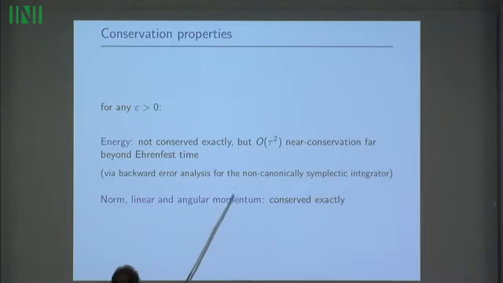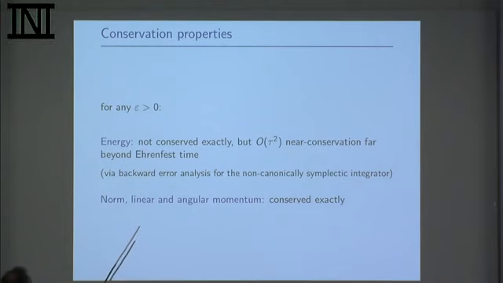But one must be somewhat careful here to guarantee uniformity in epsilon, which is not quite obvious because the Poisson system still has a 1 over epsilon in the structure matrix in one place. Also, it doesn't help that one has a non-canonically Hamiltonian PDE underlying that, because there's no usable backward error analysis for that.